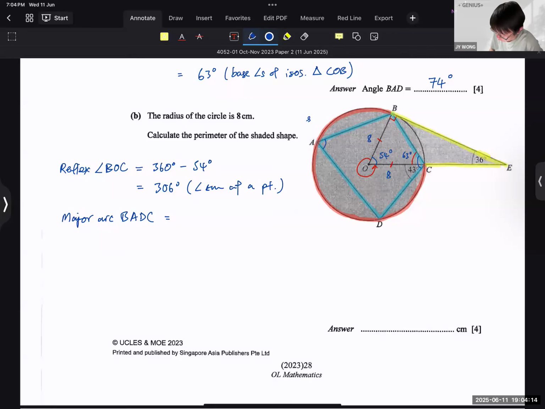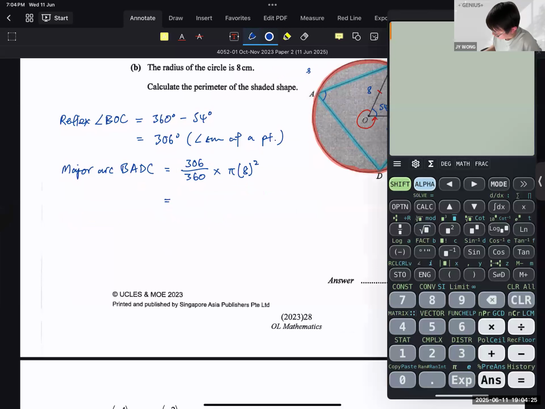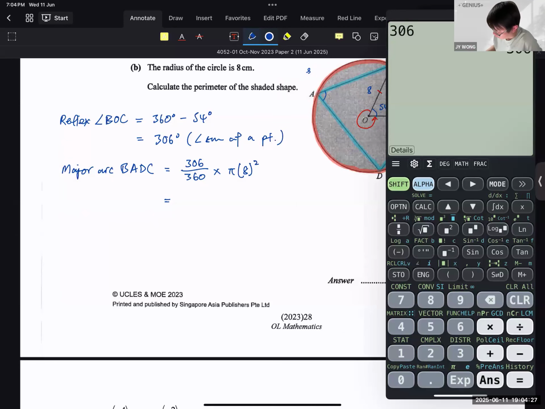So this should be 306 out of 360 times pi r squared, which will give me, you can just leave the answer in terms of pi, which is what I would do. I will not multiply it out usually. I will just leave it in terms of pi.